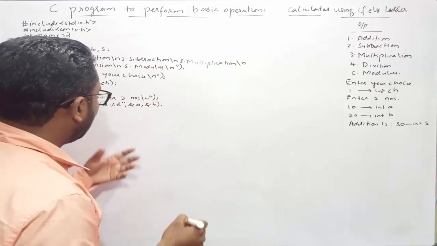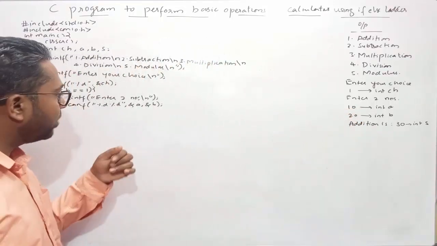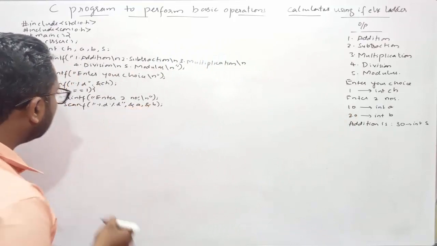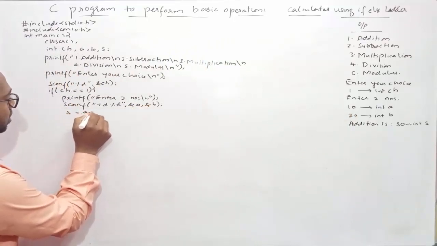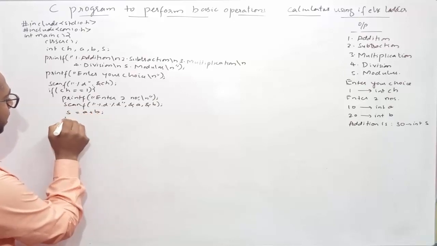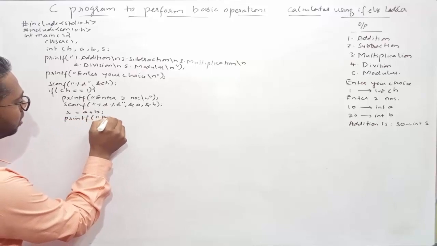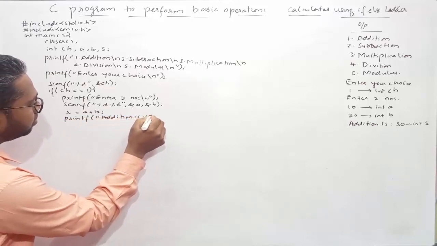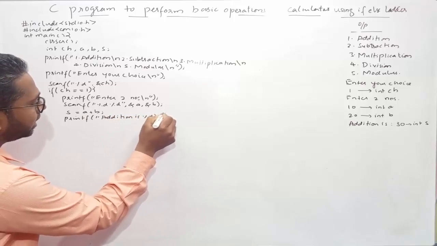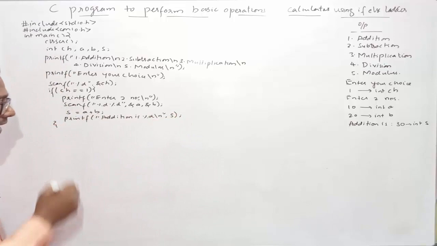Now I have taken two values from the user, and those two values get stored inside a and b. Now I need to add a plus b, store it in s, and then printf addition is %d slash n comma s, bracket closed.